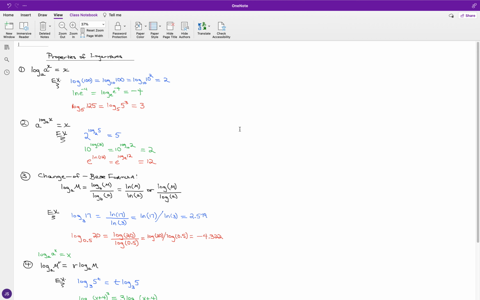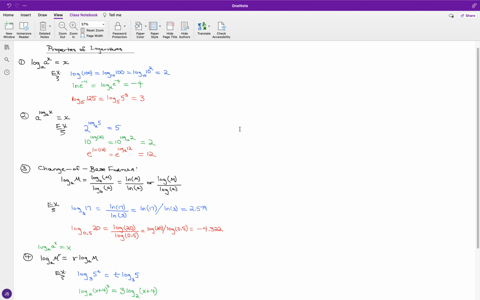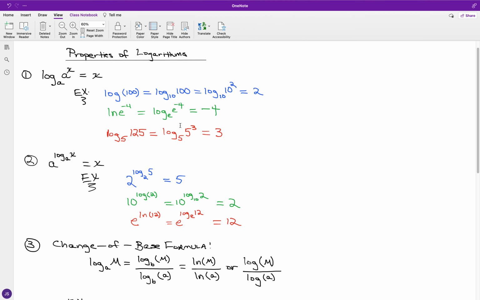We looked at a few properties of logarithms. The first property is reminiscent of taking the inverse of a one-to-one exponential function, where we solved for y and came down to the base a logarithm of a to the y is equal to y.